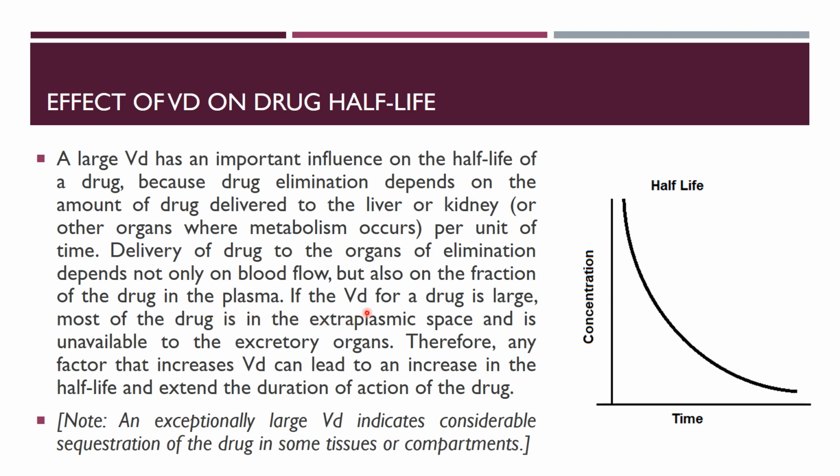If the VD for a drug is large, most of the drug is in the extraplasmic space and is unavailable to the excretory organs. Therefore, any factor that increases VD can lead to an increase in the half-life and extend the duration of action of the drug.